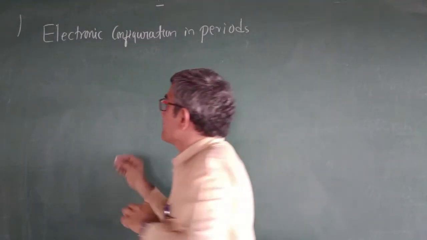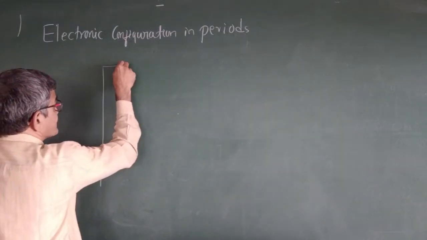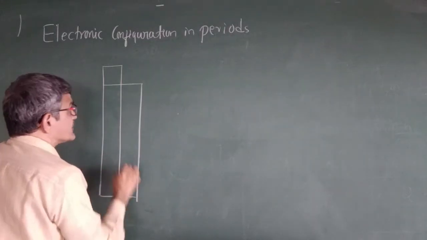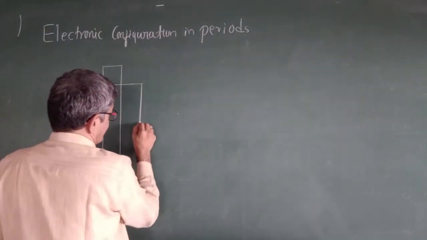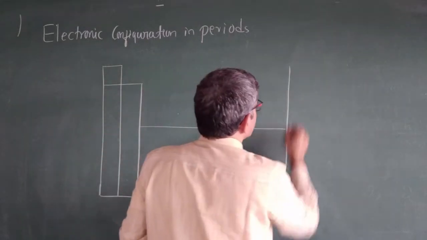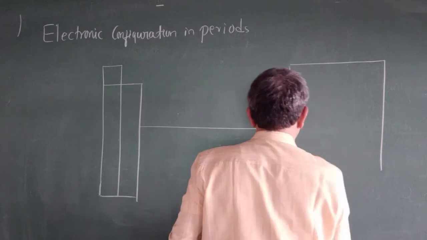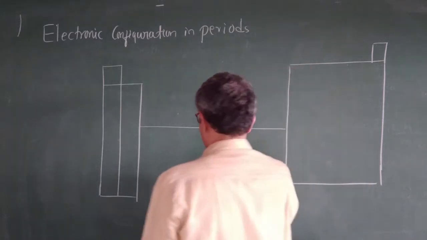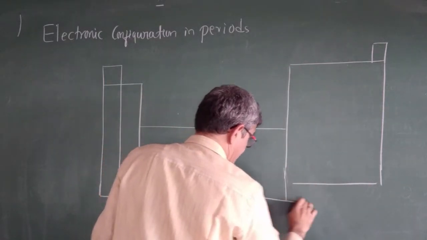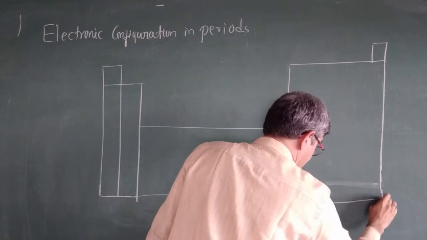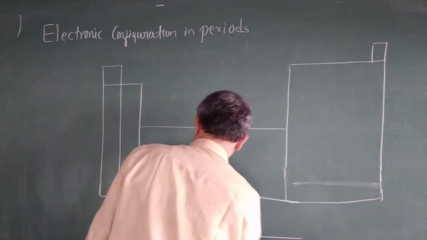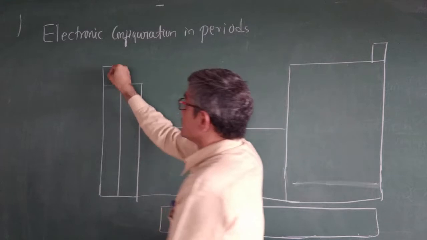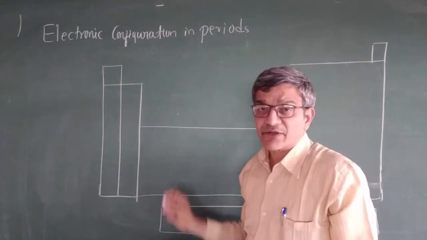In case of the s orbital, the s block elements, the first group has a general electronic configuration.